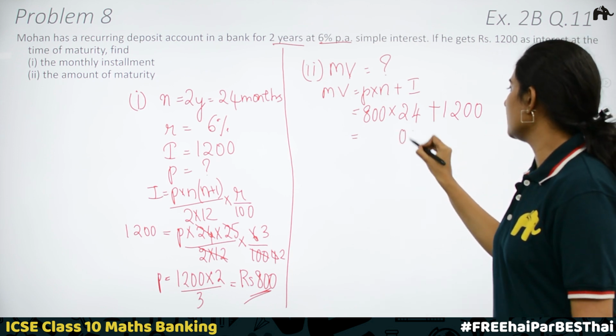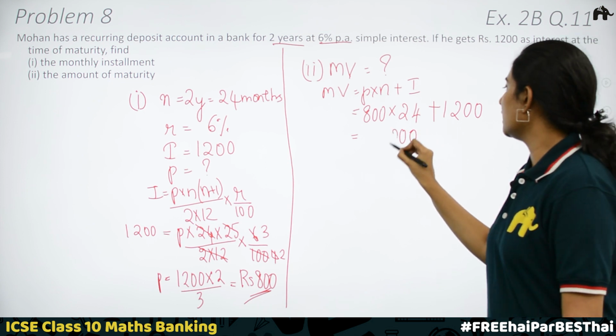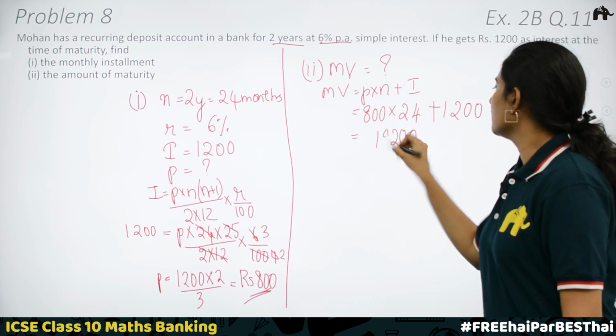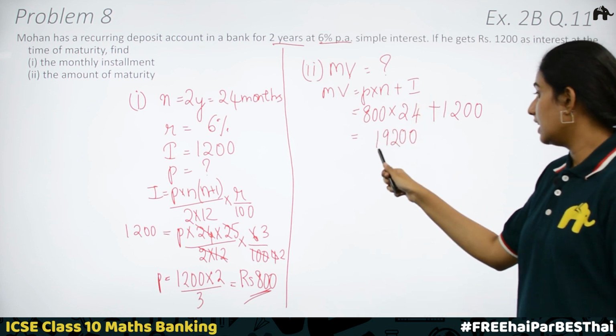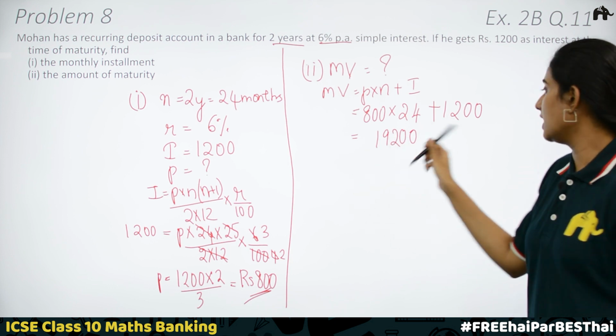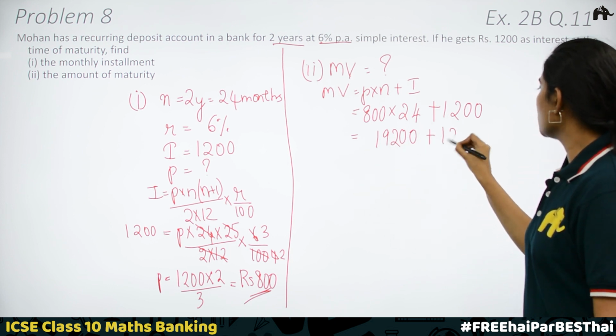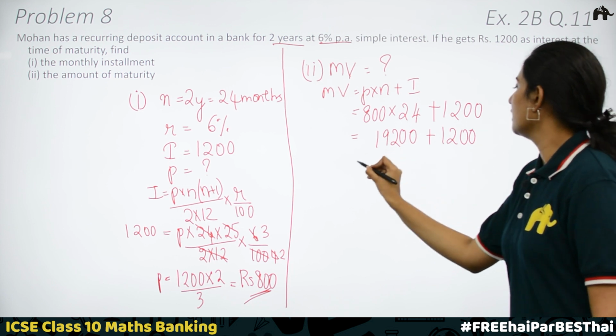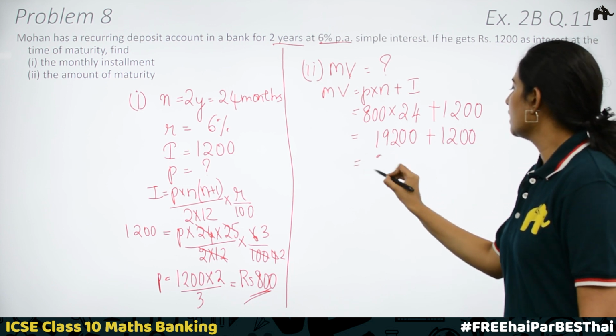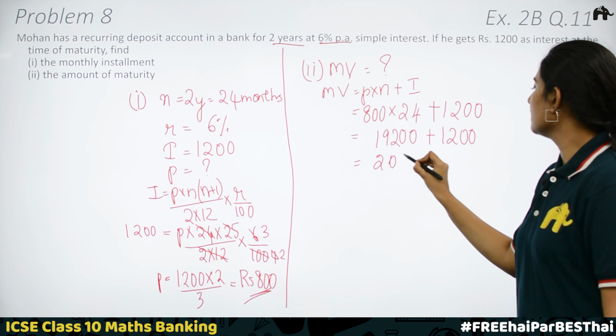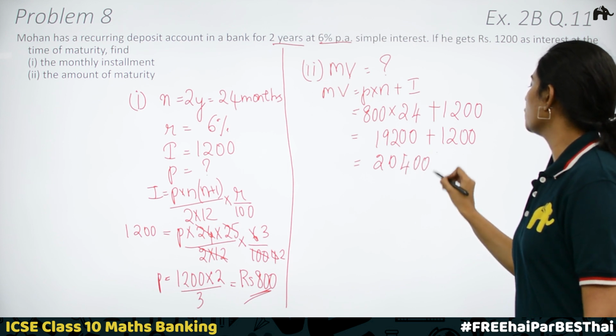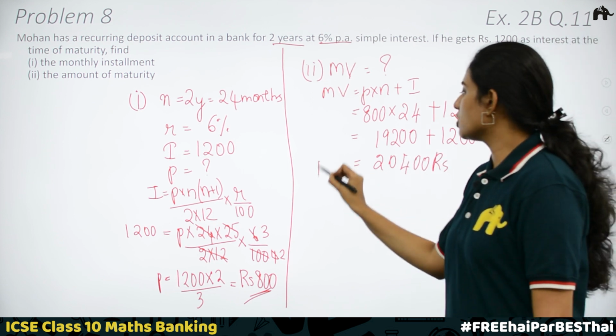We already have the zeros here. 192, that is 19,200 plus 1,200. Your final answer is 20,400 rupees, which is the maturity value.